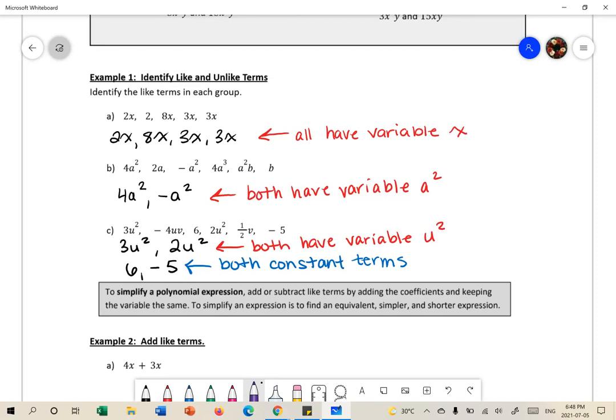To simplify a polynomial expression, add or subtract like terms by adding the coefficients and keeping the variable the same. To simplify an expression is to find an equivalent, simpler, and shorter expression.